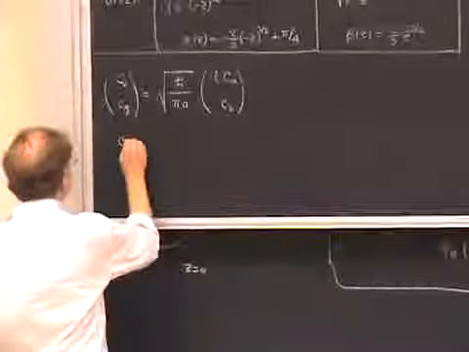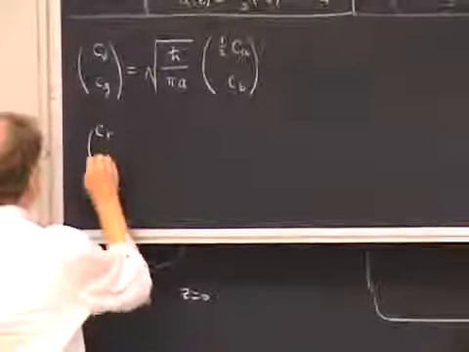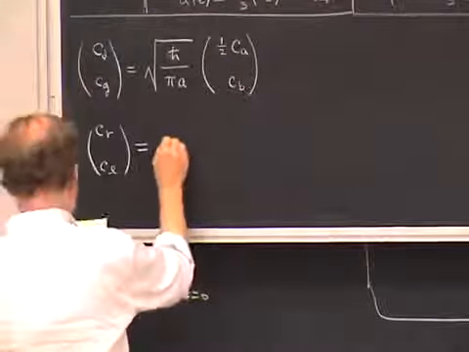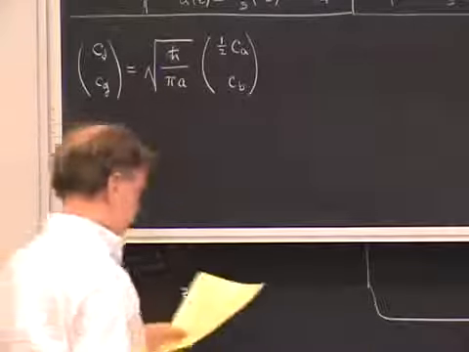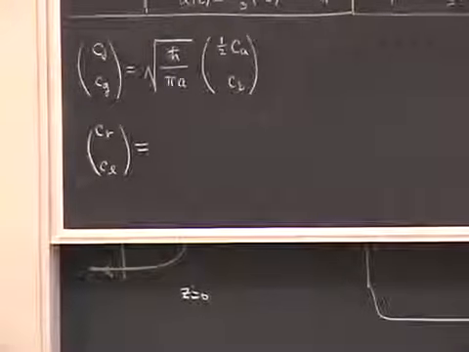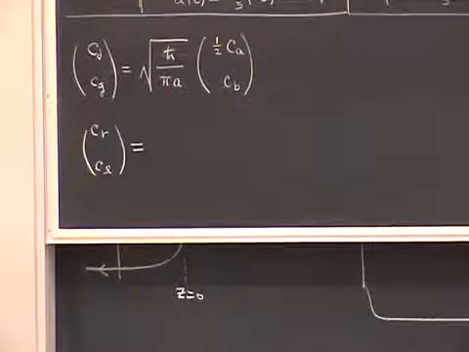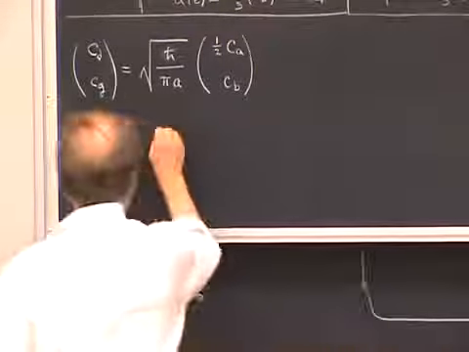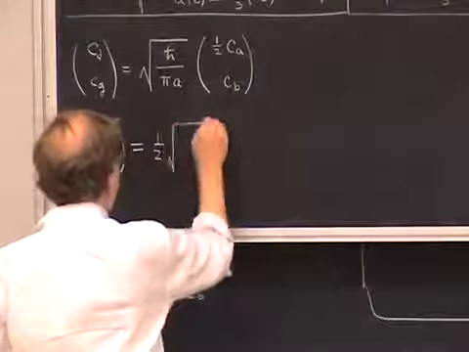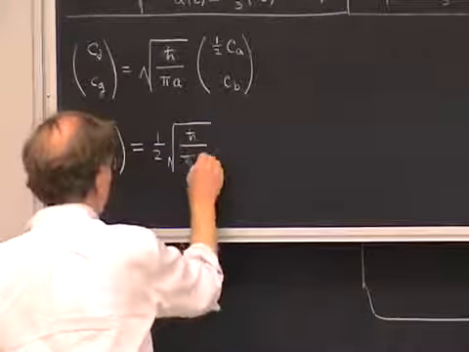We get CR and CL is equal to, the wrong piece of paper here, this is the one, is equal to 1/2 of this same square root h bar over pi a.